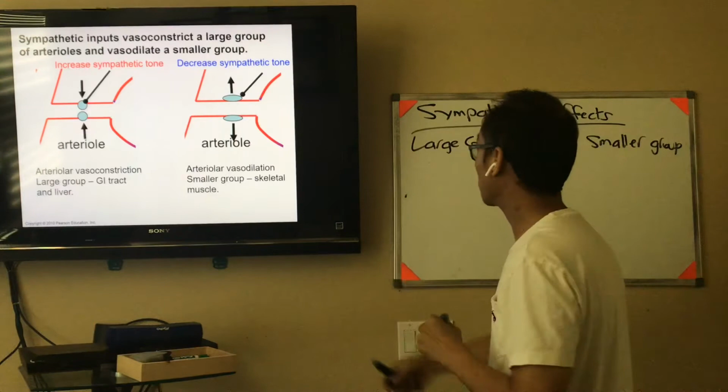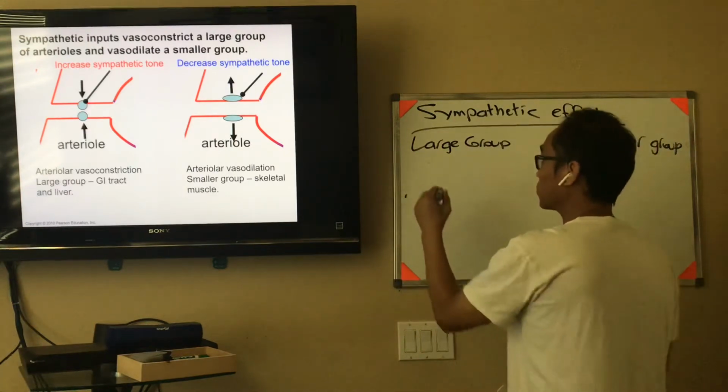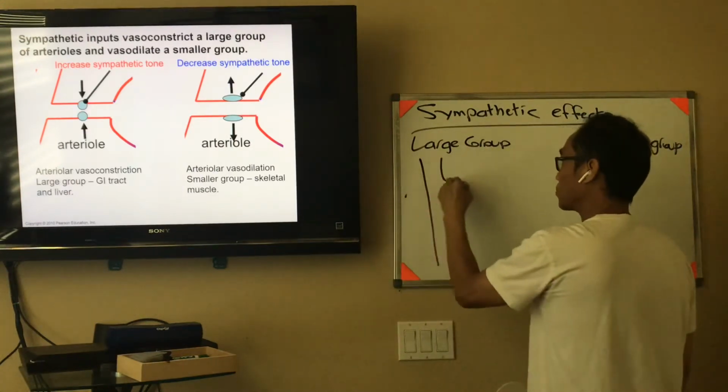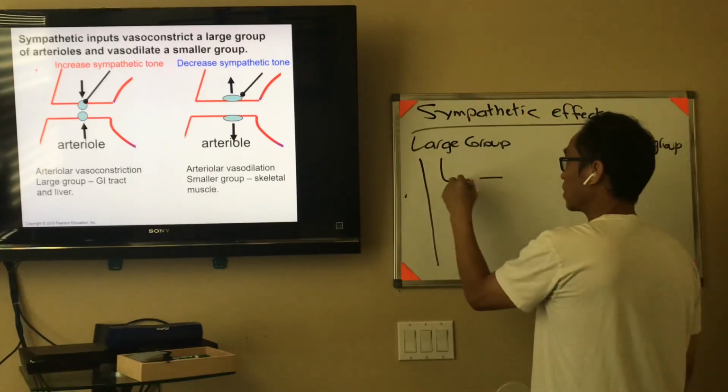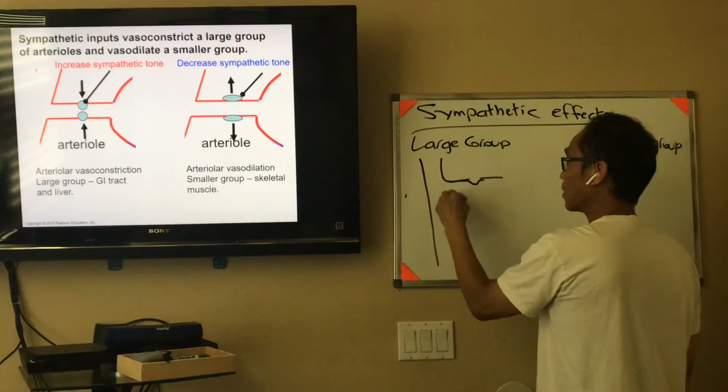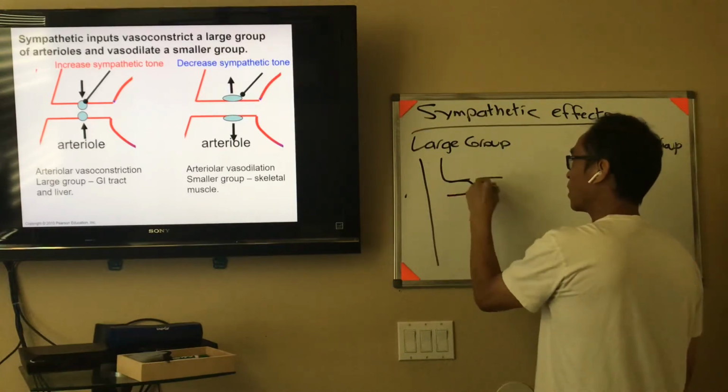So let's say for the large group, I'm going to draw here's my artery. I'm going to draw a bunch of blood vessels, vasoconstricted.